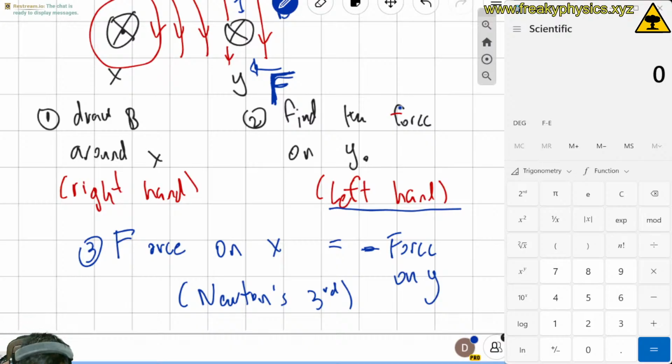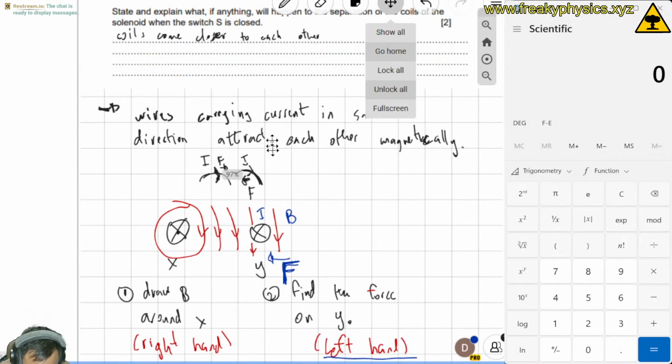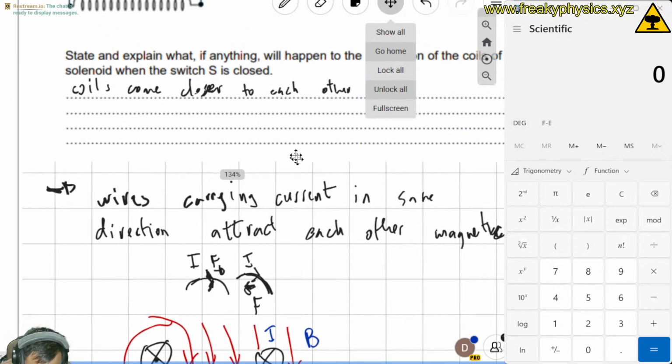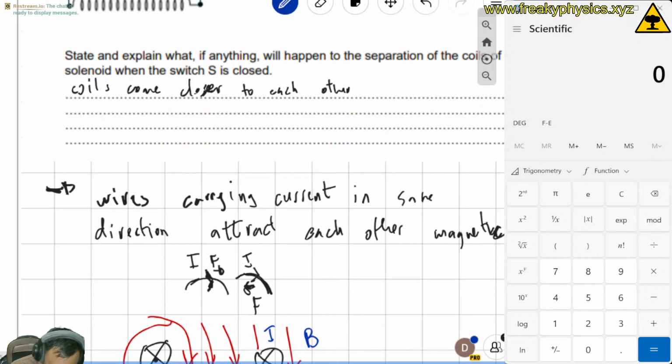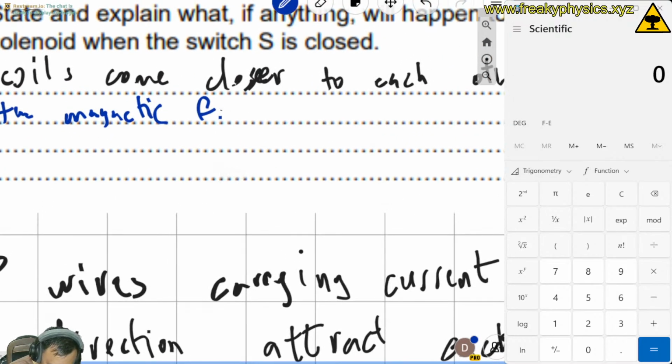All right. So with that, let's go to the final bit. Let's actually do the explanation here. How will we write the explanation? We're just gonna say the magnetic field from X. Let me zoom in a bit so we can write better. The magnetic field from X, from the top part, let's just say it like that. The top from one coil.